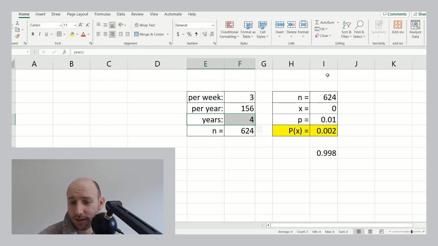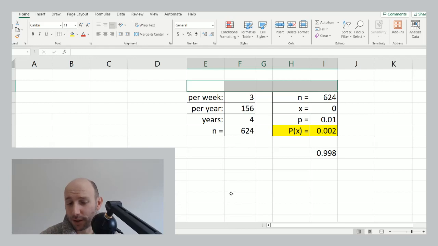Okay? Now, the truth is, things are even more easy than that. Because one of the conditions of the binomial experiment is that the probability of success is not affected by the previous trials. Okay, the trials are independent.